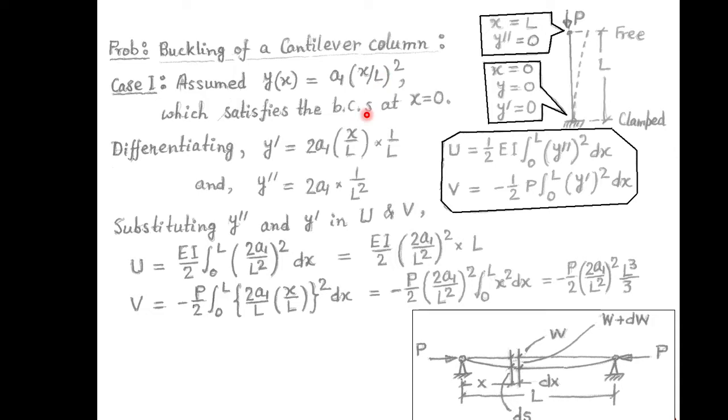So this satisfies the boundary condition at x equal to 0. It is clear: at x equal to 0, y is 0, and y prime is also 0. Now from here, if this is y, this is the first derivative and this is the second derivative. So this is the expression of u, this is the expression of v.